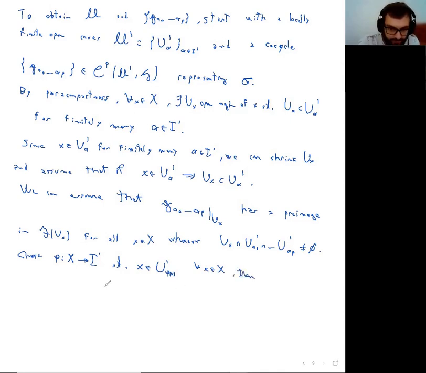But then U, which is simply the union of all these neighborhoods, is a refinement of U prime. And why is it a refinement? Because each one of these is contained in a previous one.